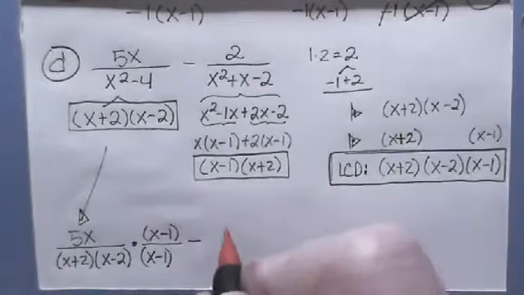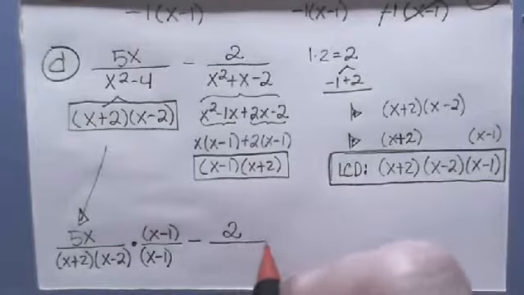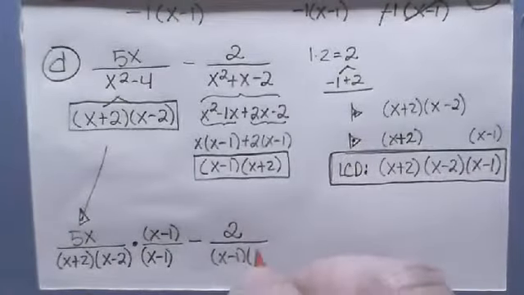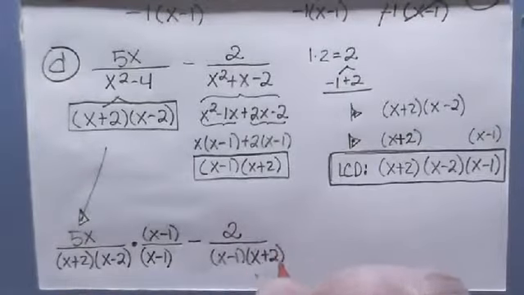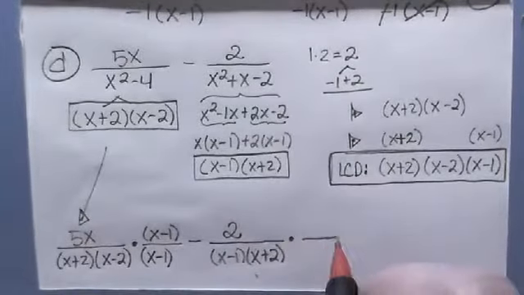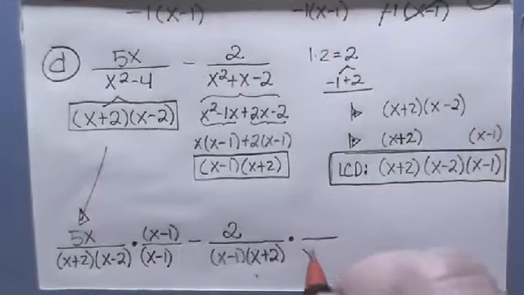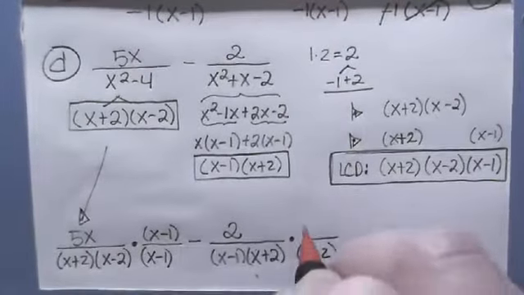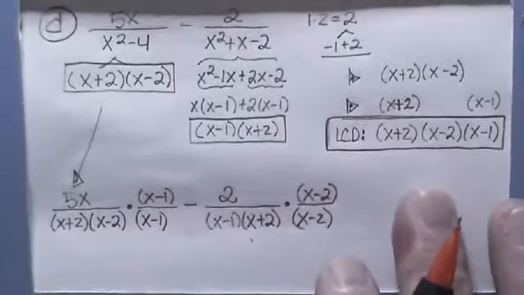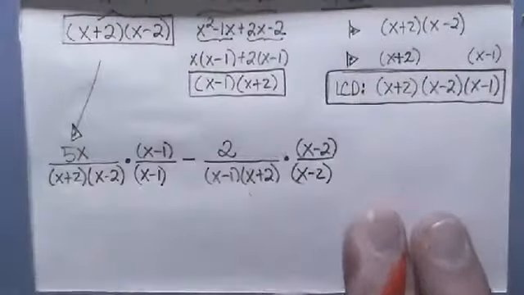Then I'm going to copy the second fraction in its factor form, compare that with the LCD and find out what is missing. We notice that we're missing an x minus 2. So what we accomplish here is we found the common denominator.